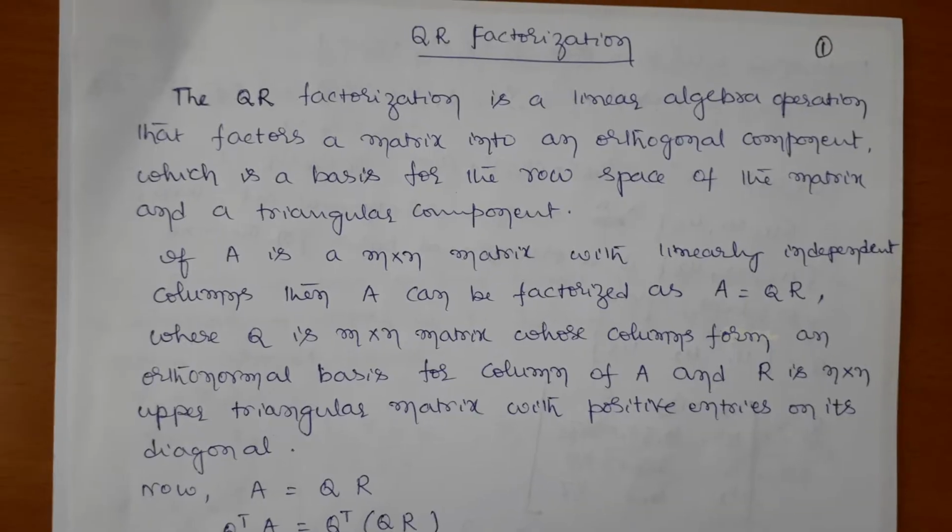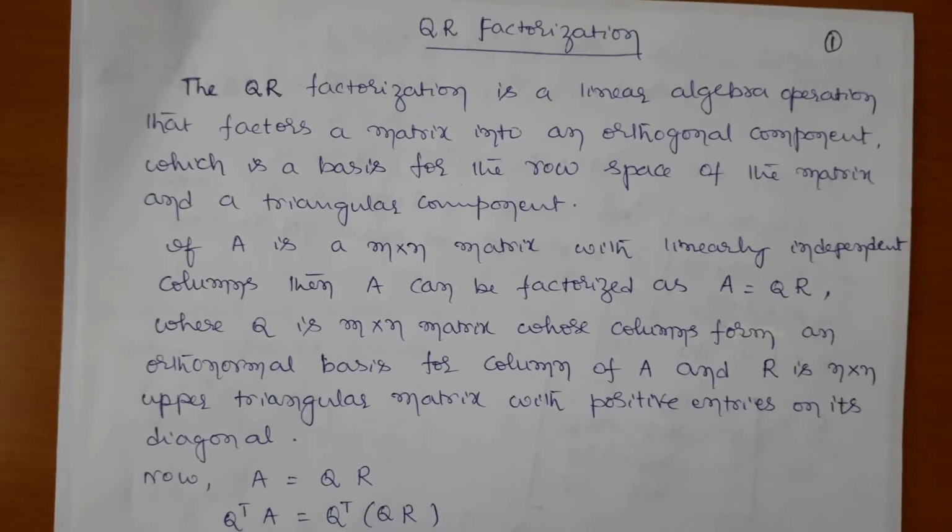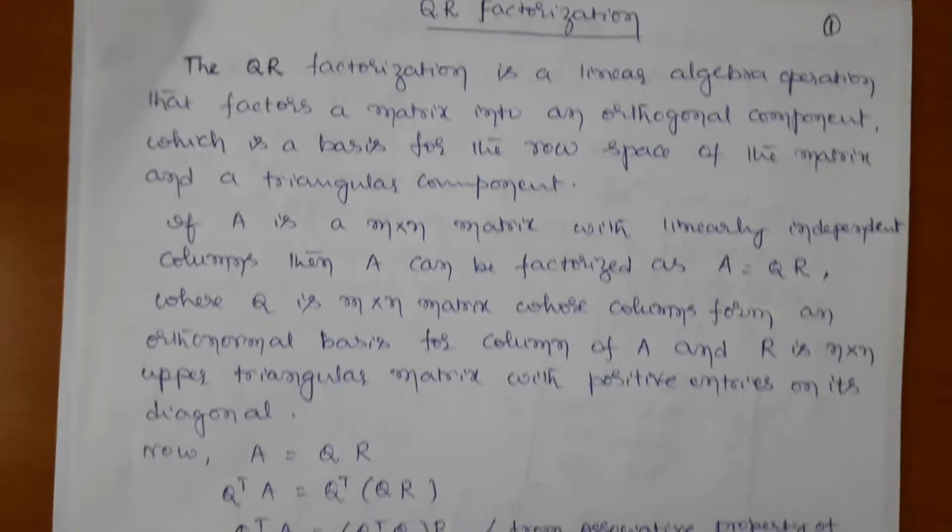Therefore, the total matrix is factorized into how many matrices? Two, Q and R.